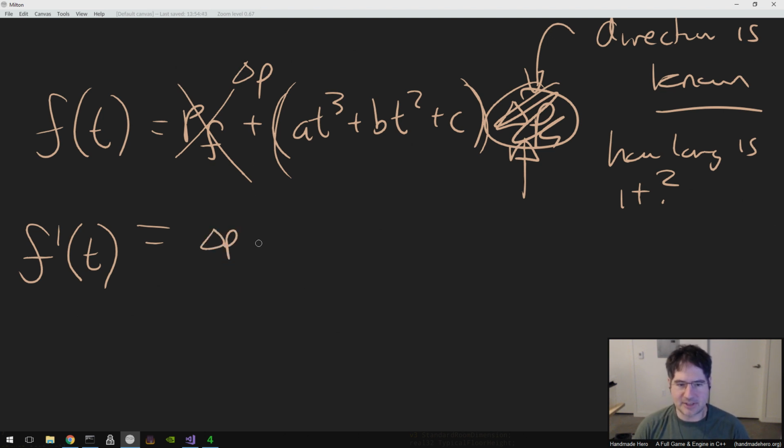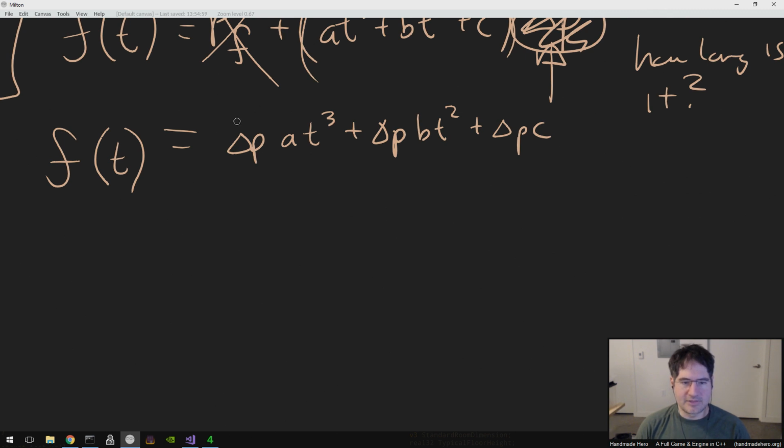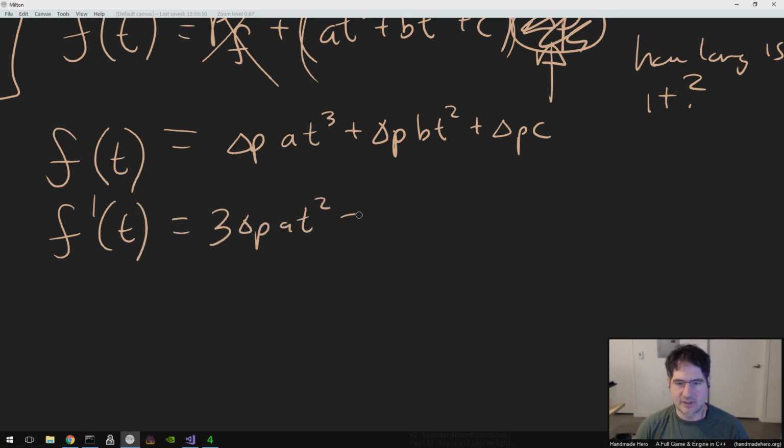So we would just have delta p a t cubed plus delta p b t squared plus delta p c. This is not varying, but it is a variable. And so when we take the derivative, we're still left with the exact same answer. It's 3 delta p a t squared plus 2 delta p b t plus delta p.